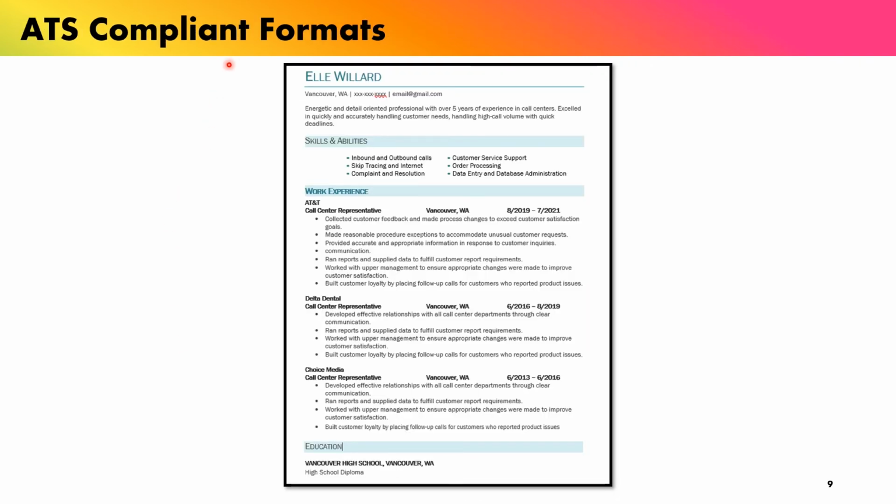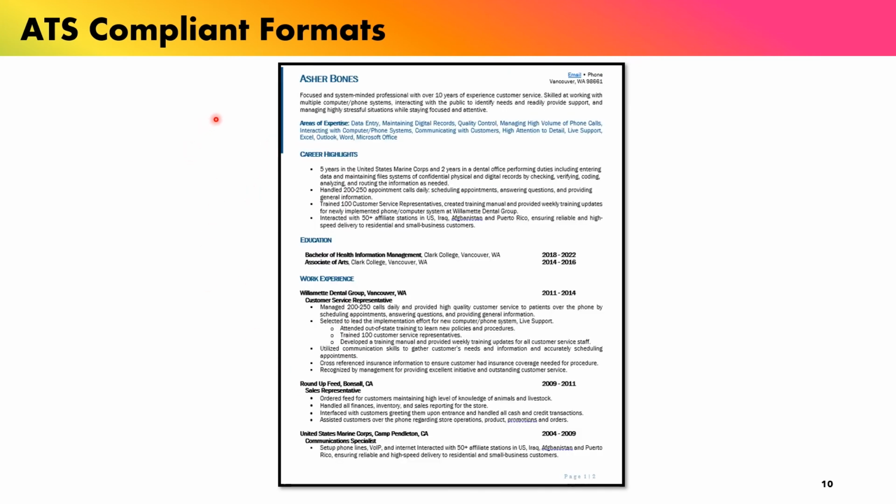So here is an example of a very simple format that can be read by the ATS system, and this is what we use most of the time. So everything is left justified. It has its own section. There's no graphics. There's no columns. It's just really easy to read. And same here.